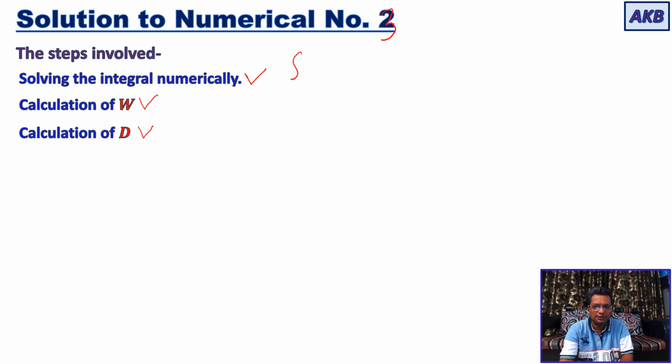So first get the integral. What is the integral? xw to xf dx upon y minus x, and we are going to solve it numerically this time. And then we will be using Rayleigh's equation. What is Rayleigh's equation? ln of F by W is equal to this integral.